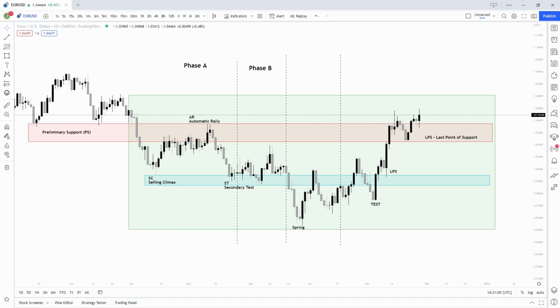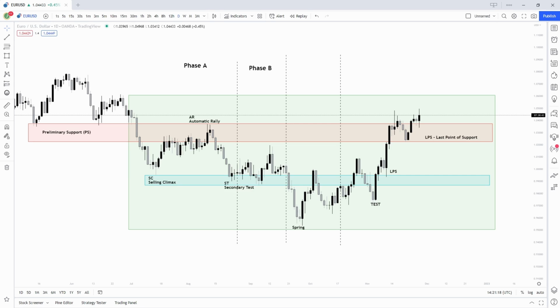Now, if we quote Wyckoff, the purpose of phase C is to determine the price's readiness to be marked up, or how ready we are for the uptrend to be created. It is within this phase that the larger interest can test the remaining supply, if any.